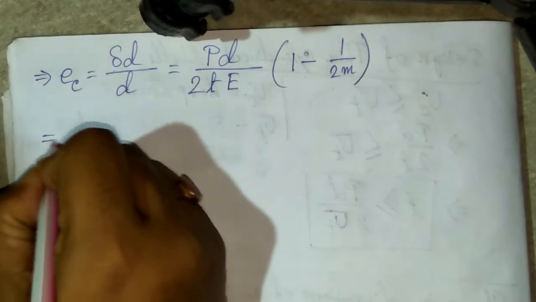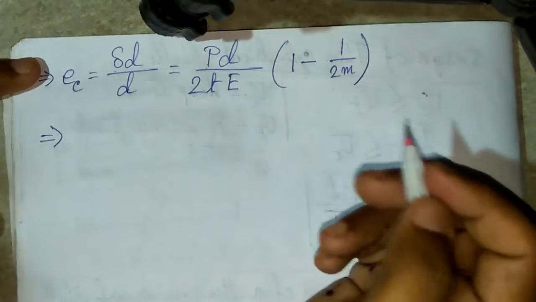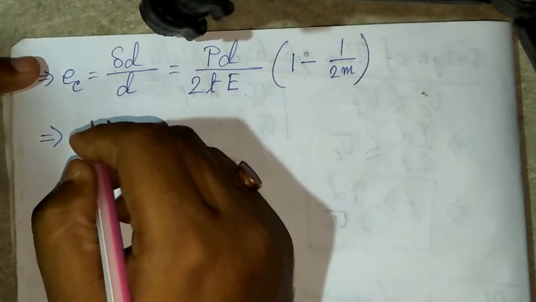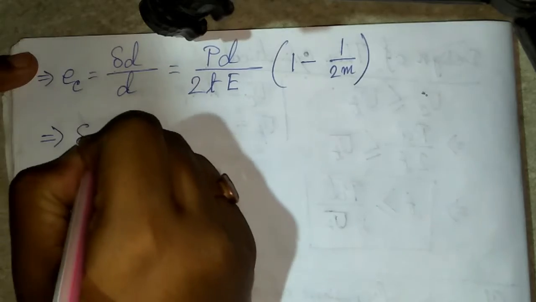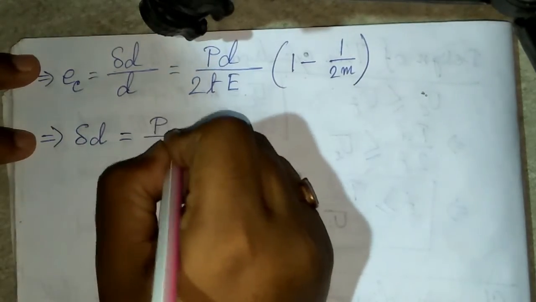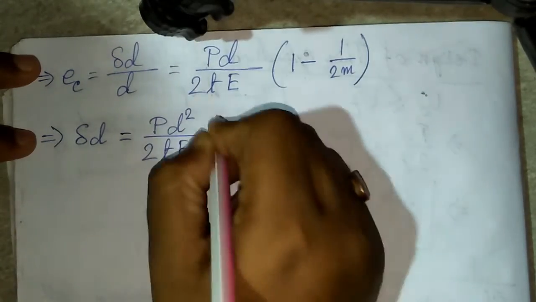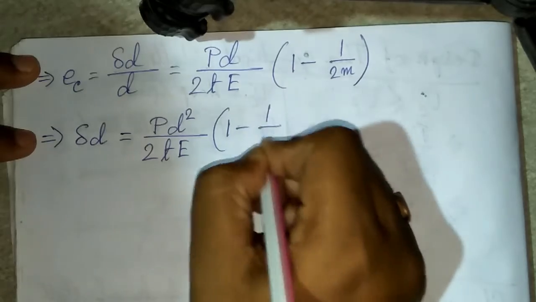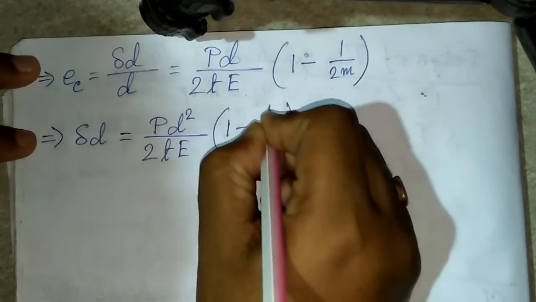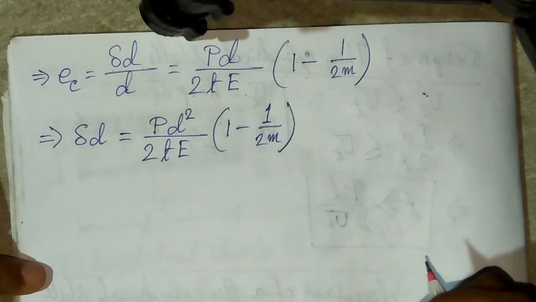From this expression we can write the change in diameter, delta d, which becomes p into d square by 2t into e into 1 minus 1 by 2m. This is the expression for change in diameter.